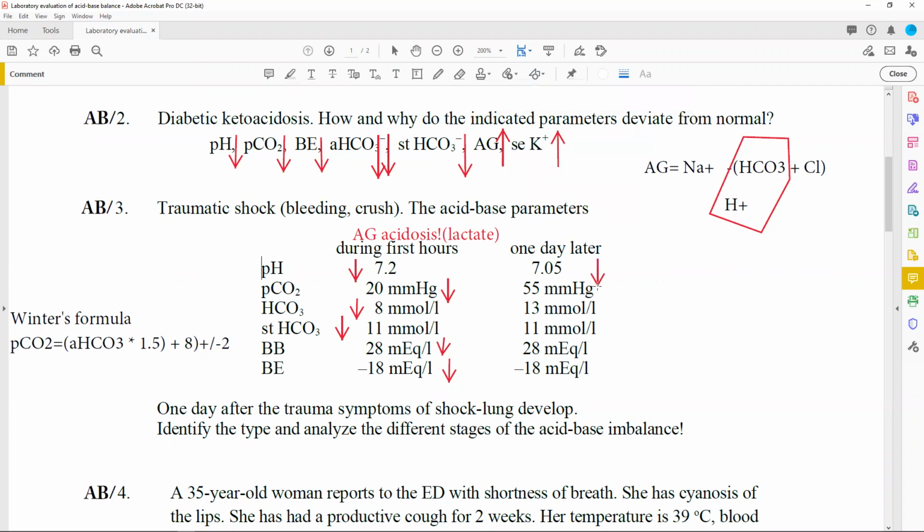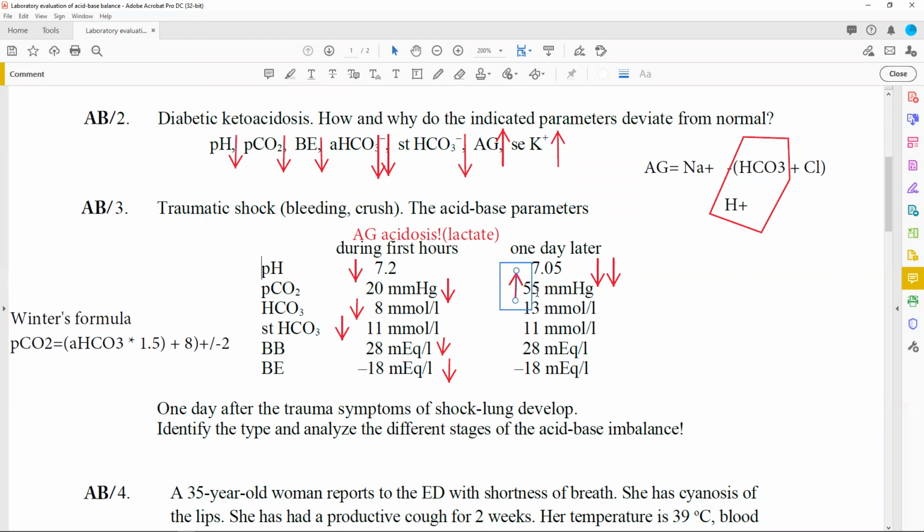So now we do have additional changes with the pH. And the PCO2 is increasing. That's, I guess, probably due to the development of a shock lung.